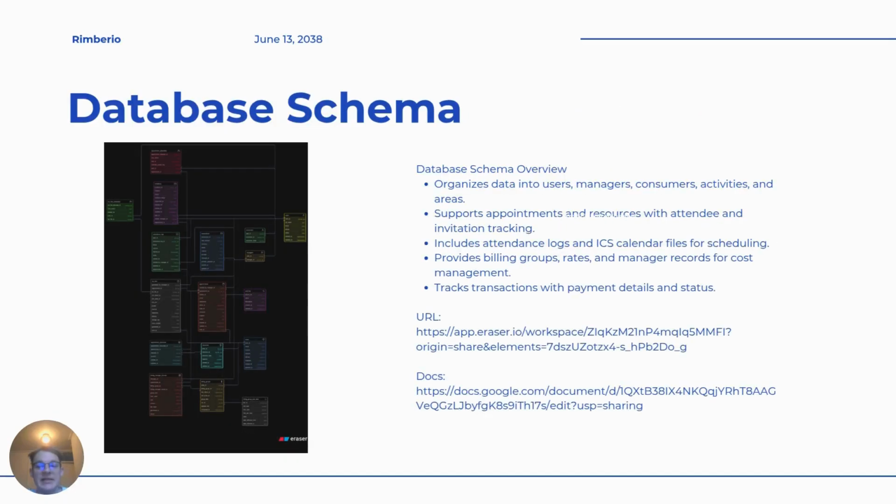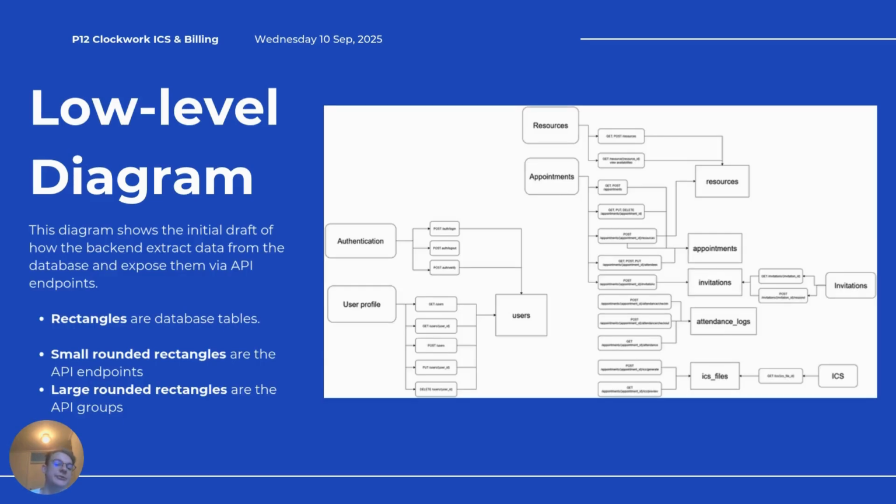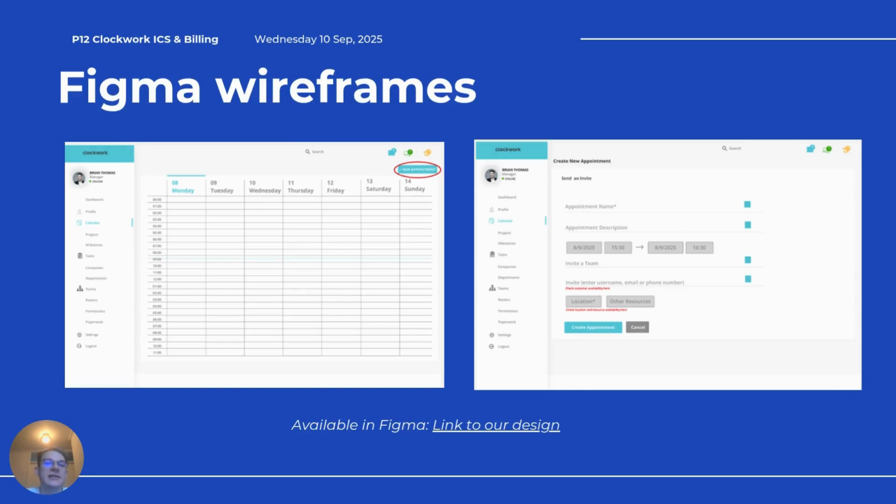This was the database schema we came up with. It organizes data for users, appointment resources, and attendance logs. And this was the low-level diagram that we came up with that extracts data and exposes it all via API endpoints. And finally, these were the Figma wireframes we came up with to map out the user flow.